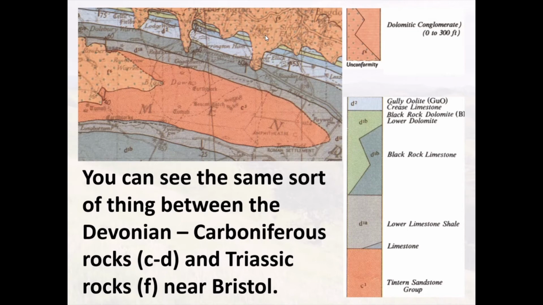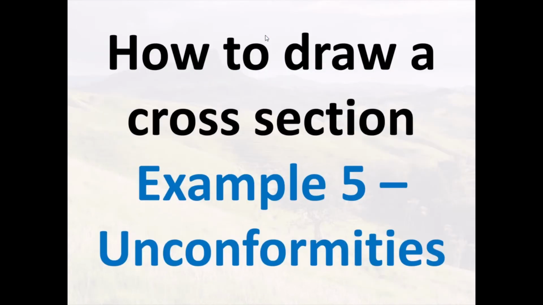So we've seen angular unconformities before, and we can have a stab at drawing them in cross-section, and there is a little bit more that we have to do in terms of thinking when we draw one of these cross-sections that has unconformable rocks in them.